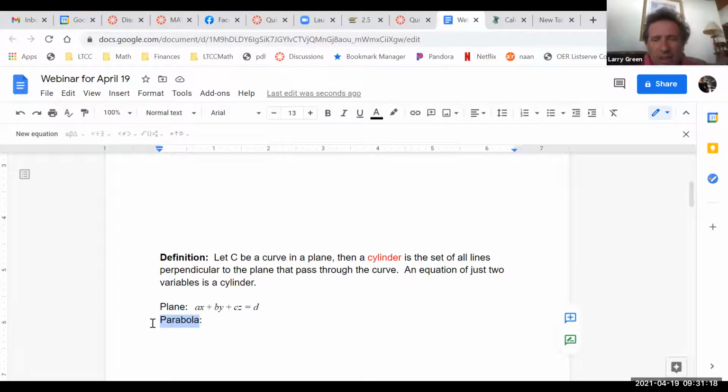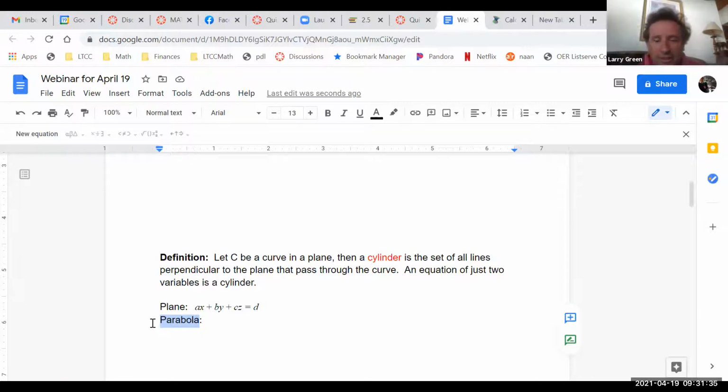Do you remember what you call those? The parabolas, the ellipses, the hyperbola, the circles. Do you remember the name for all of that combined?